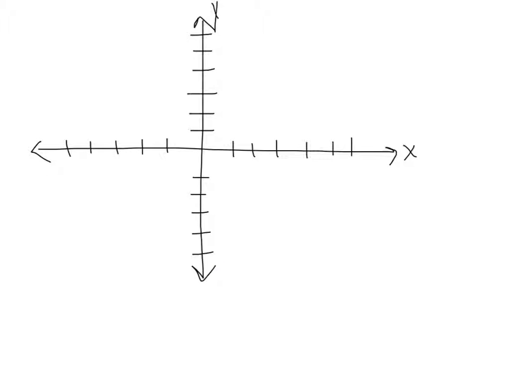Okay, so I'm going to plot my zeros, which were negative 2, 0, 1, 0, and 3, 0. And my y-intercept was 0, 6. Okay, so when I graph it, and remember, as x approaches negative infinity, f of x was approaching negative infinity.